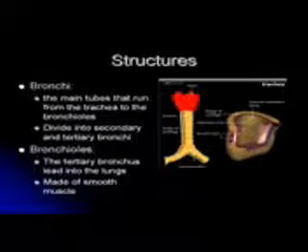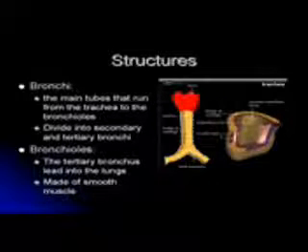Now, bronchus is the singular word. The trachea leads to the bronchus, one of two bronchus. Plural, they're called bronchi. And these are the main tubes that run from the trachea into the bronchioles. Since it branches off into two bronchi, each one goes into either your right or your left lung.